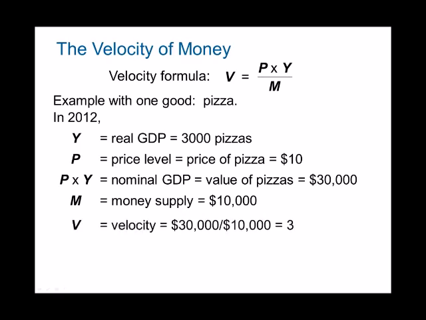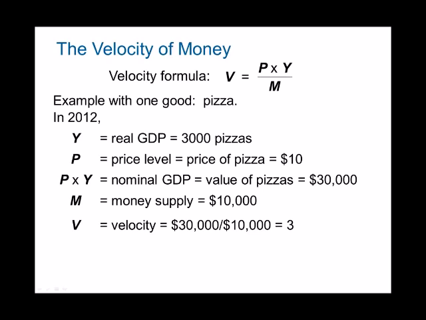So if we divide, 30,000 divided by 10,000 is 3, which means that, let's say each of those dollars is in a $10 denomination, we use that $10 to purchase one pizza, and then that $10 moves around 3 times in the economy, so that finally all $30,000 worth of pizza are traded in the market. There may be demand for $30,000 of pizza, but the money supply is not enough to cover all the transactions.